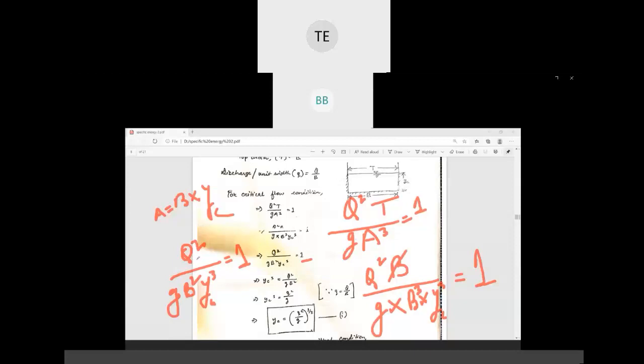So from this equation, you can see YC cube is equal to Q square divided by G B square.